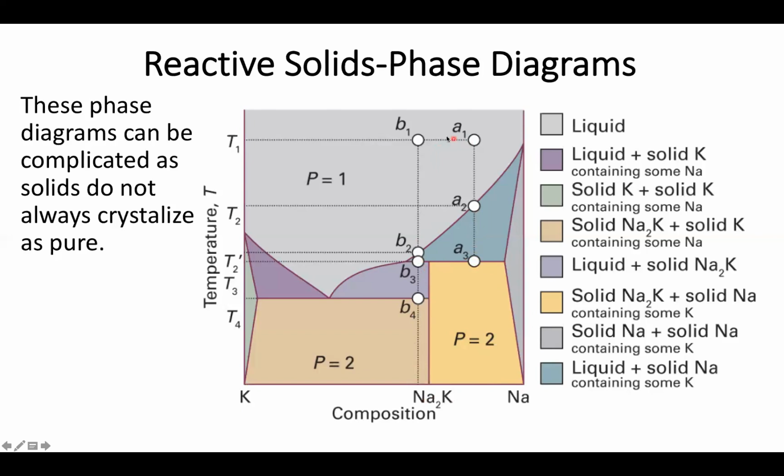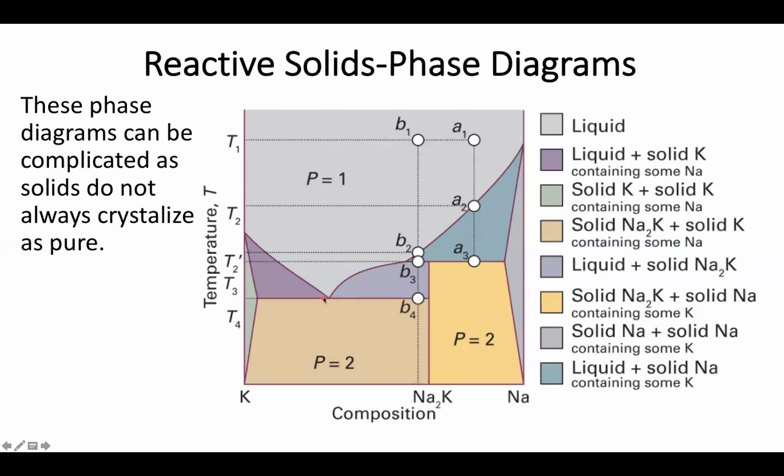However, if I just go a little bit more to the left, richer in sodium, we're going to see a slightly different case, where now my composition is slightly more potassium rich than my mixed solid. So as I cool it down, I'm going to again start generating my sodium, potassium contaminated sodium solid until I then cool it down enough that I go from generating my contaminated sodium solid to generating the alloy, and again, a potassium rich liquid, until now I get to below the eutectic point.